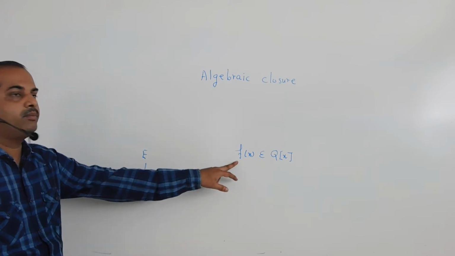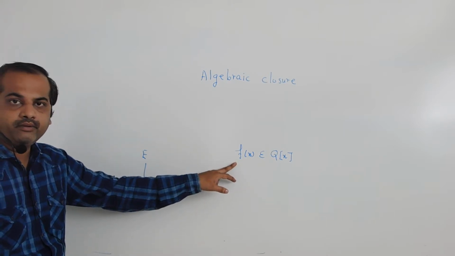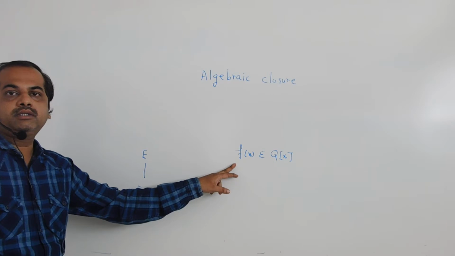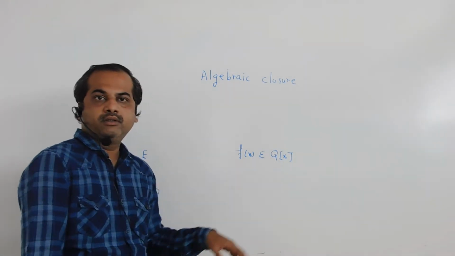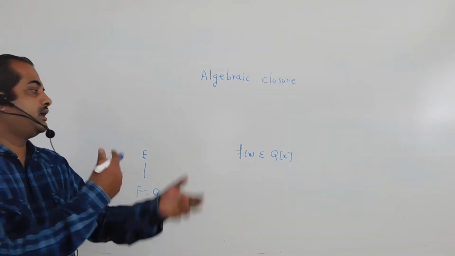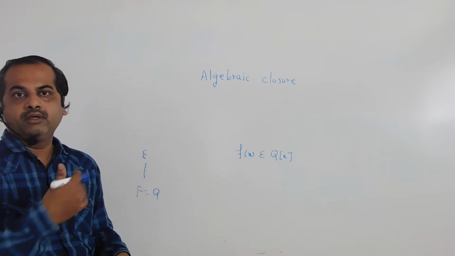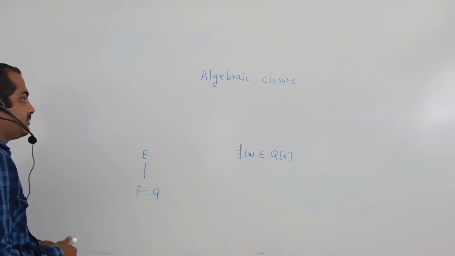Now this is for only one polynomial. So what we do is take the polynomials with rational coefficients. If one is irreducible, find the roots and attach those roots. Continue this process.